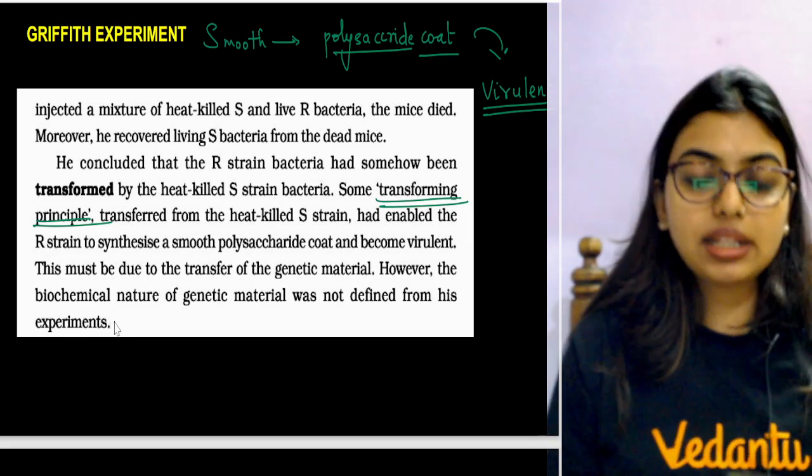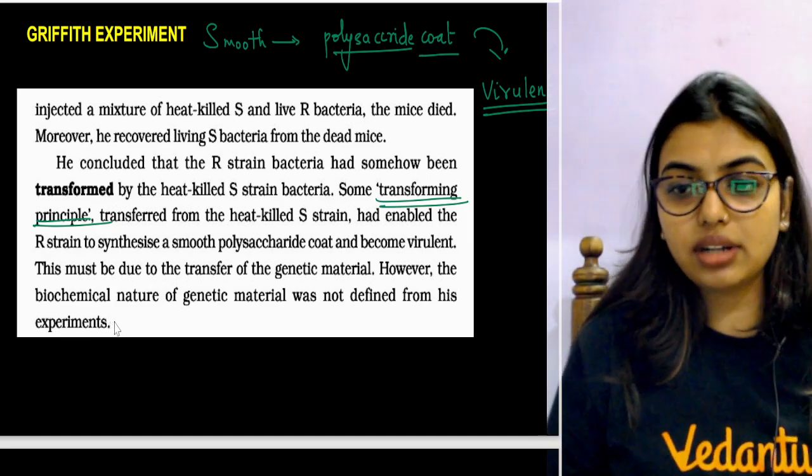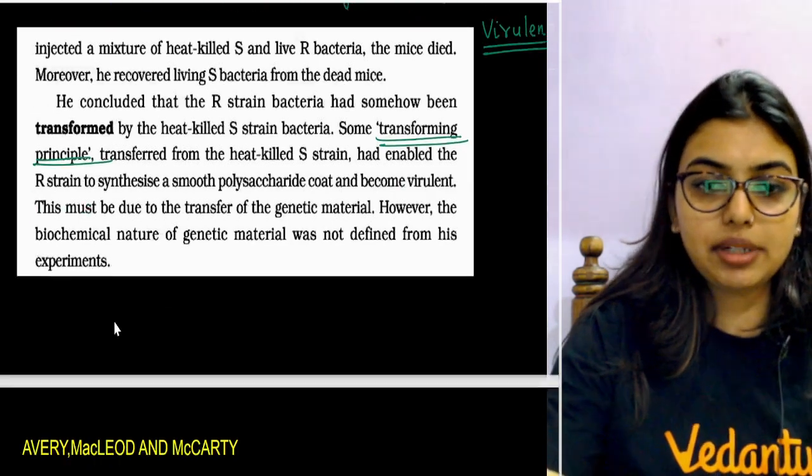Got it? There is something that made the smooth strain virulent. Understood? This was the first experiment.